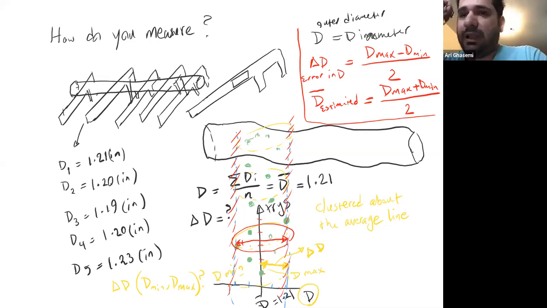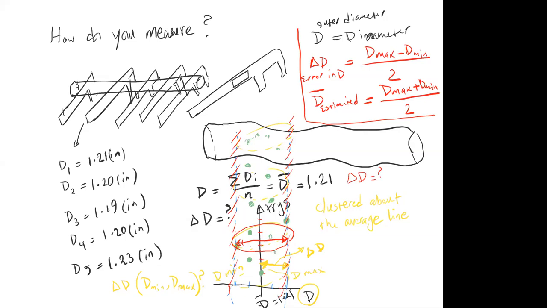So now let's go back to our pipe measurement using the caliper. What would be my error, or delta D? The first person who finds it gets a bonus. So delta D, use your calculator. Delta D is equal to 0.02.